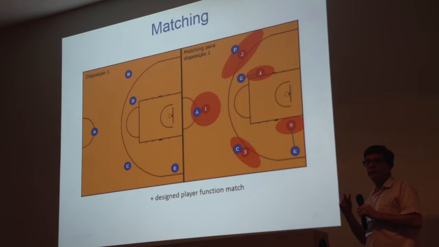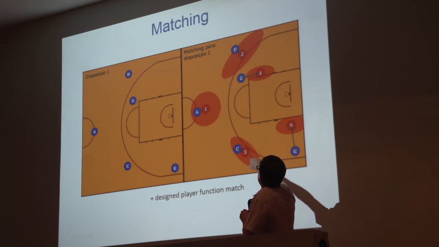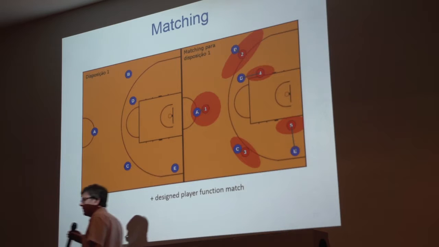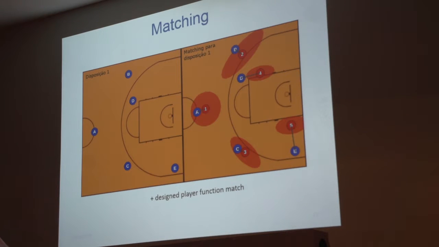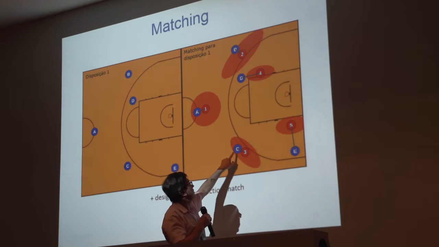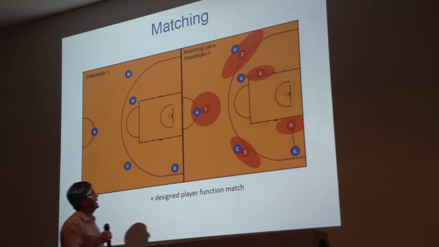And you have two criteria for that. The first one is geometrical. You try to see the one in which the positions of the players in the field are similar to the one designed in the strategy, as in this case here. And you can take, for example, the mean distance between them, and the sides.